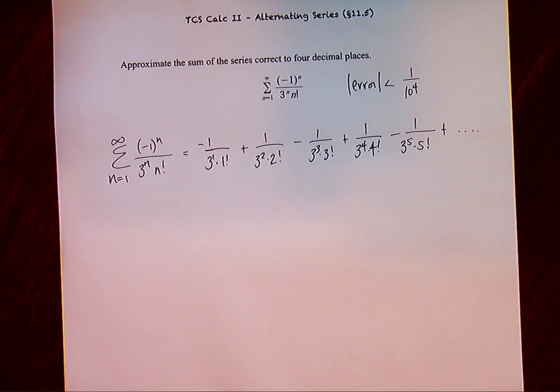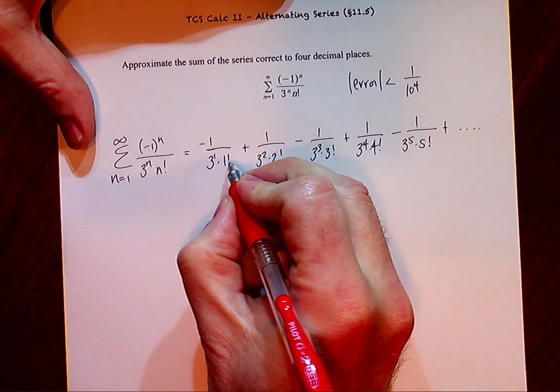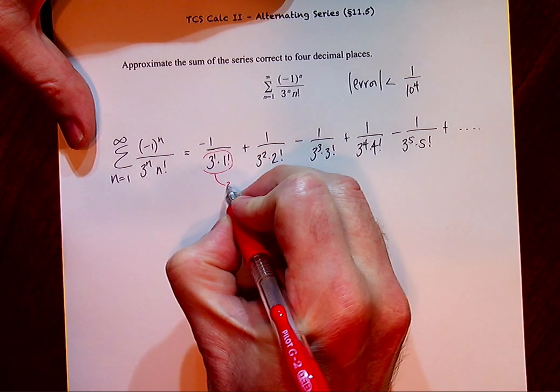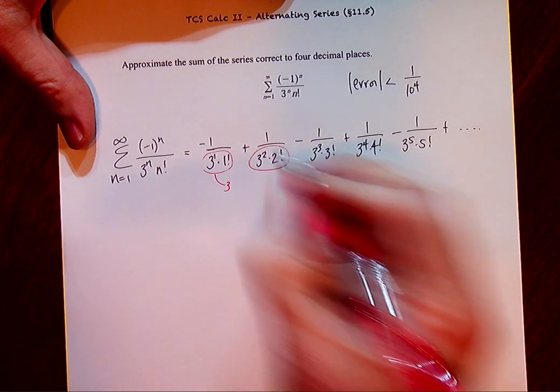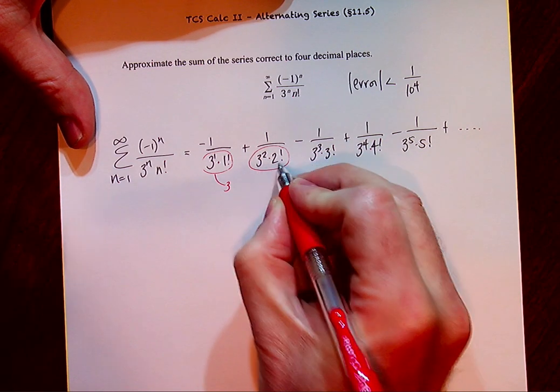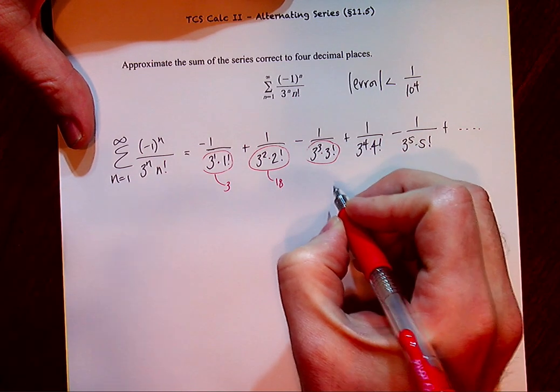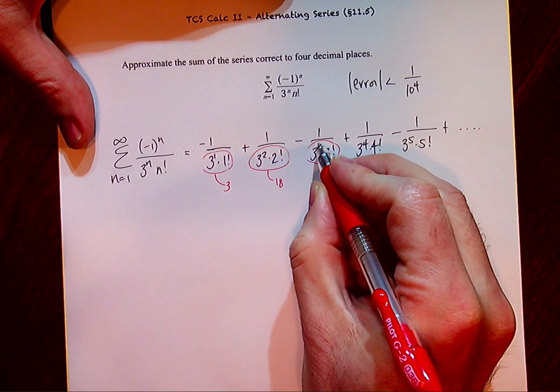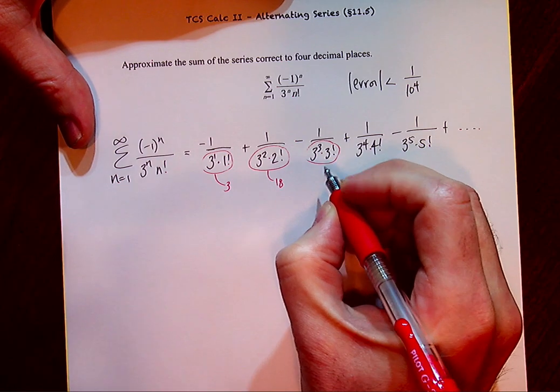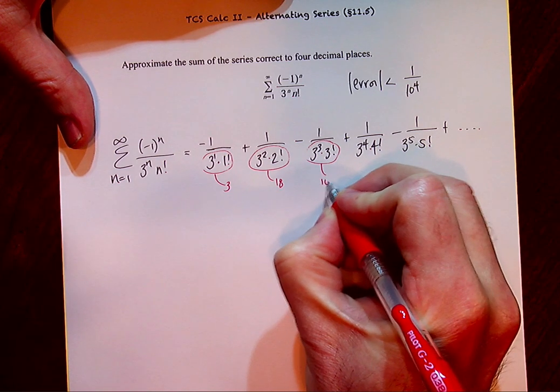Okay, well, 3 to the first and 1 factorial, that denominator is going to be 3. 3 squared and 2 factorial, that's 9 and 2, and that's going to be 18. 3 to the third times 3 factorial, that's 27 and 6. So 27 and 6 winds up being 162.